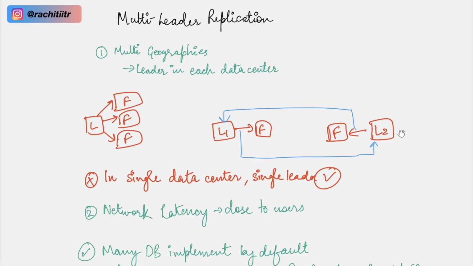So this is how it's going to look, and these blue signs differentiate multi-leader replication from single leader. There is replication also happening between leaders of different geographies. In this case I have just taken two, but if there are more than two leaders, the topology of how this replication works is also important.